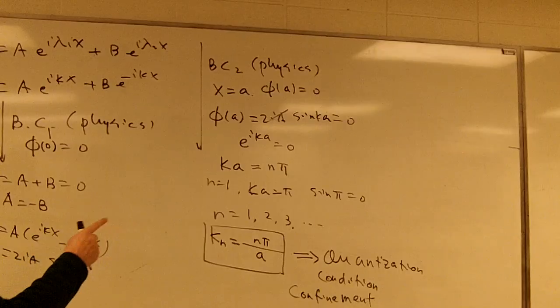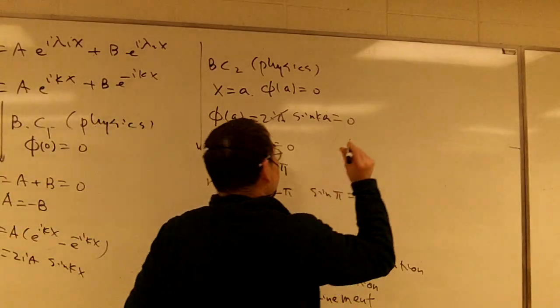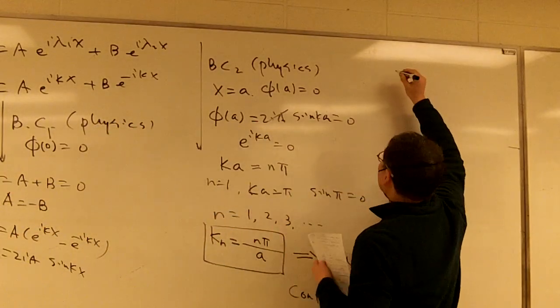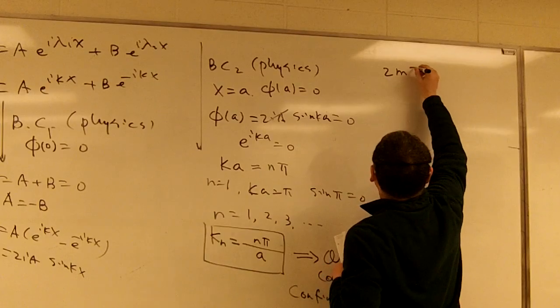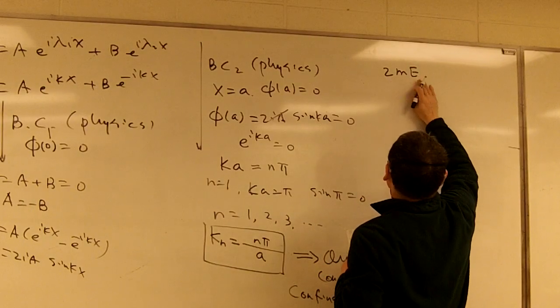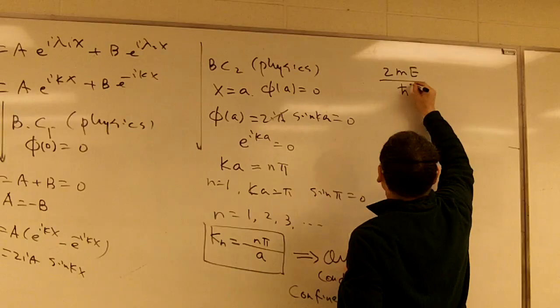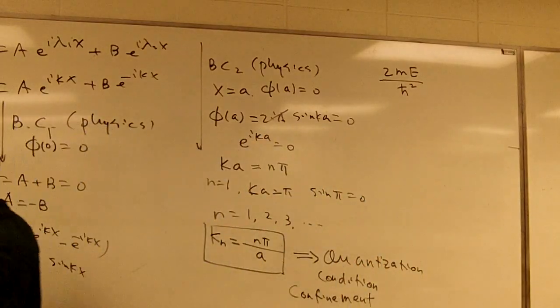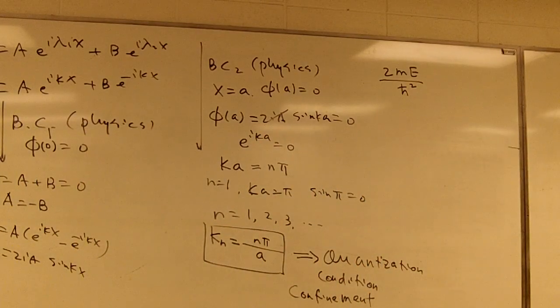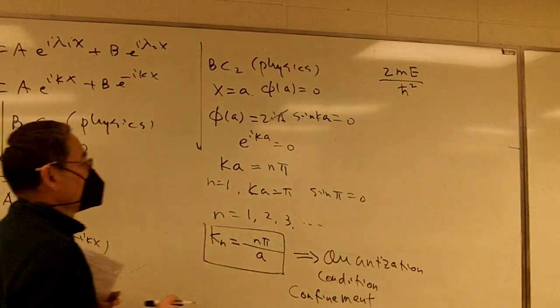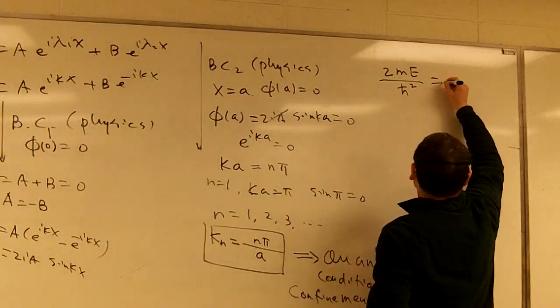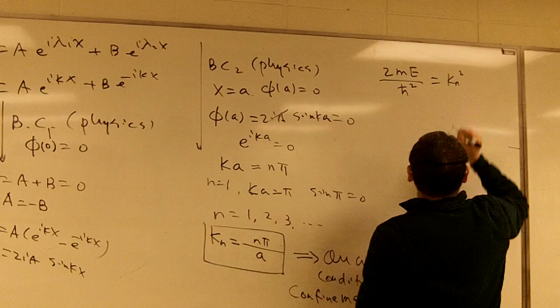Now we're going to plug this back into our energy equation. Remember, our energy equation is 2mE divided by h bar squared. This is our definition of the k. You can see here, from here to there, it's our definition of k. So this is going to equal k n squared, like this.